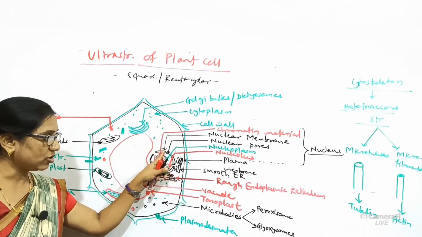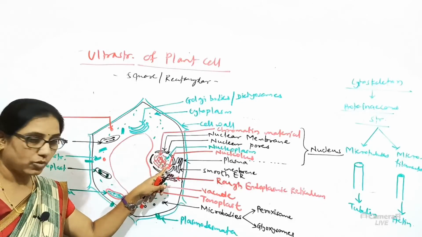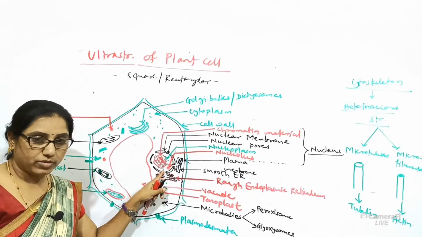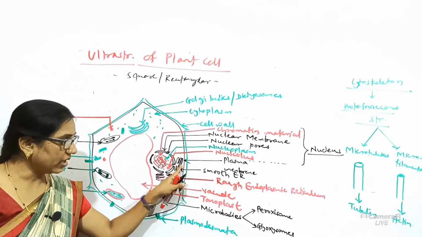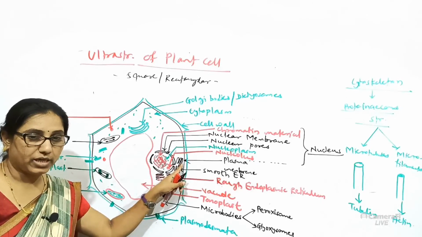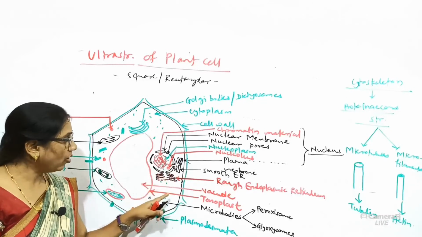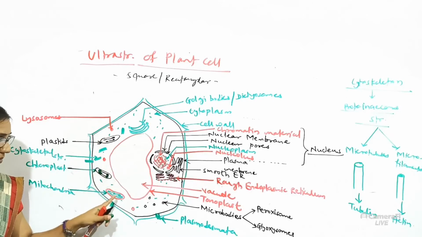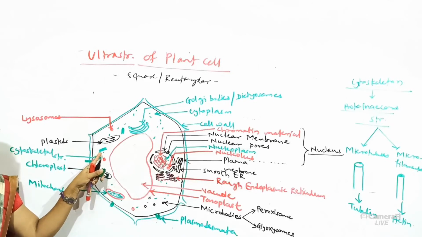It shows the nuclear membrane, nuclear pore, nucleoplasm, nucleolus and chromatin material. Extending from the nuclear membrane are two types of endoplasmic reticulum, smooth and rough. Along with that, it shows the Golgi complex, plastids or chloroplast, mitochondria, lysosome, microbodies and cytoskeleton.